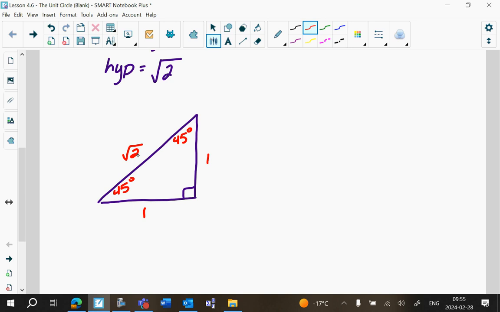The reason I'm doing this is I want to put this triangle on a coordinate grid that you'll see in a second. But the way I want to put it in, I want a triangle where this is 1.